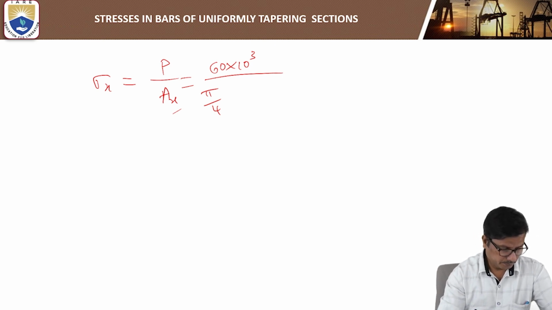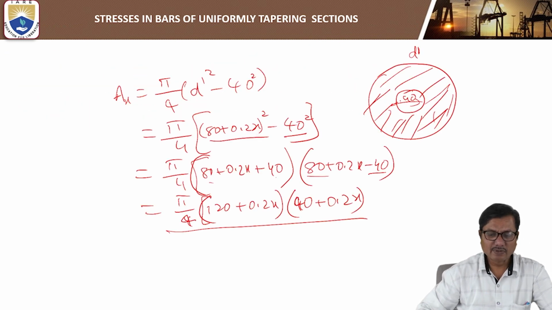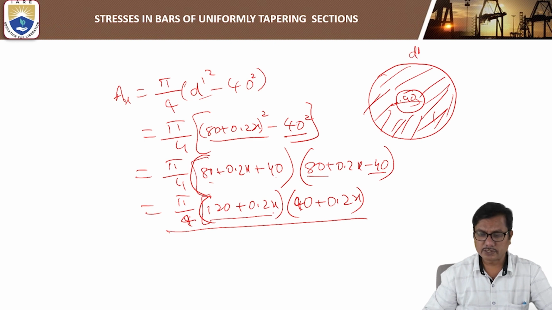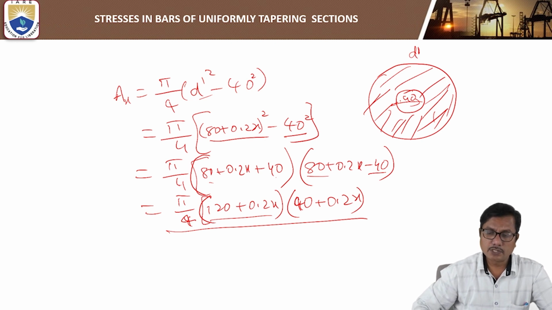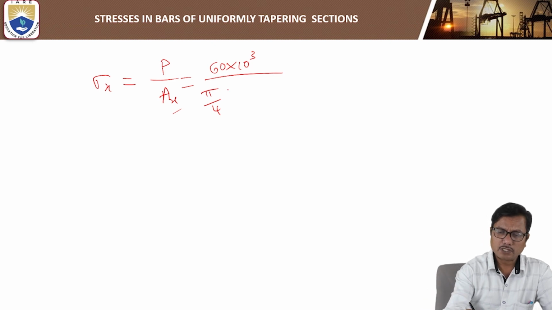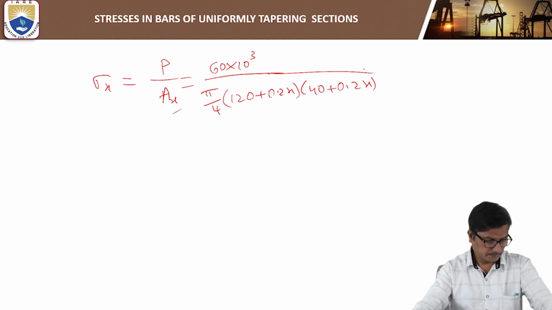What is the area given here? Pi by 4, 120 plus 0.2x into 40 plus 0.2x.